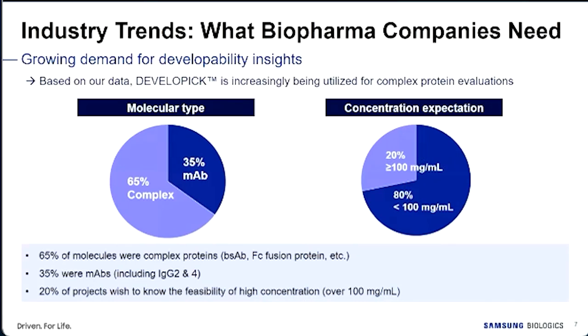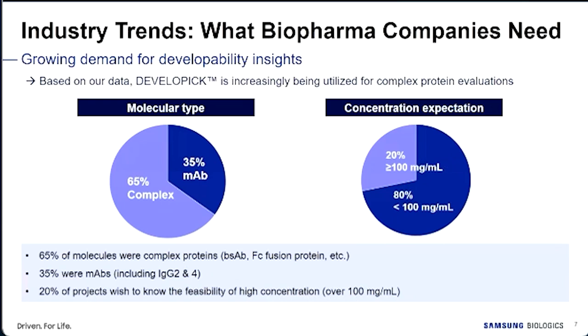Over the years, we've observed key trends in what our clients are looking for. Over 60% of clients wish to get information about complex proteins like Fc fusion protein, bispecific or multi-specific antibody, etc. And 35% of molecules were monoclonal antibodies, including IgG1, 2, and 4.